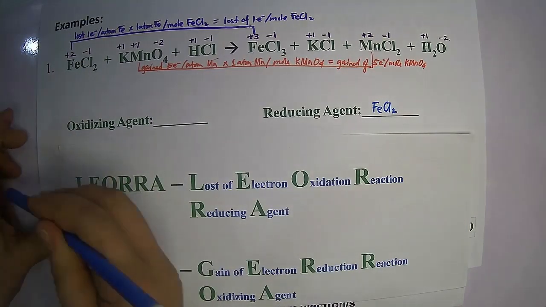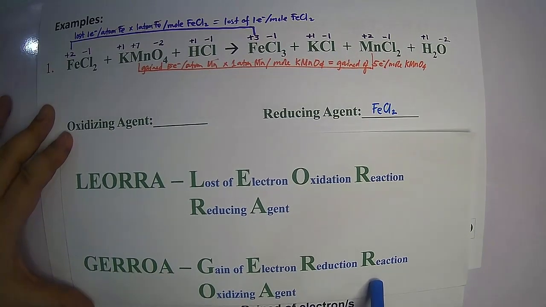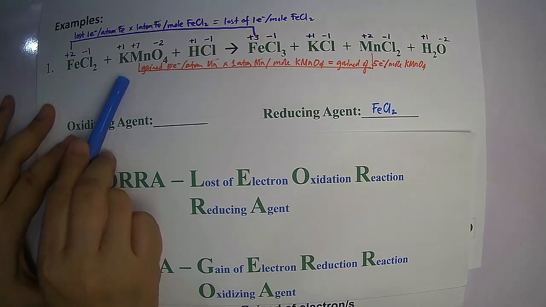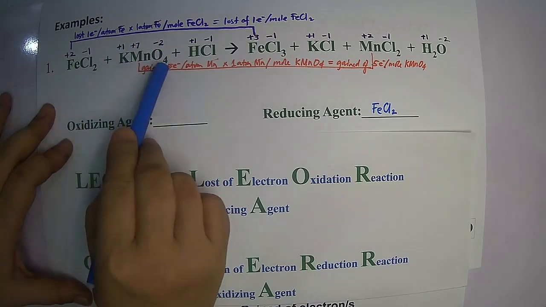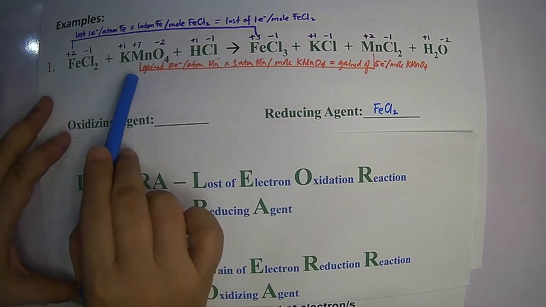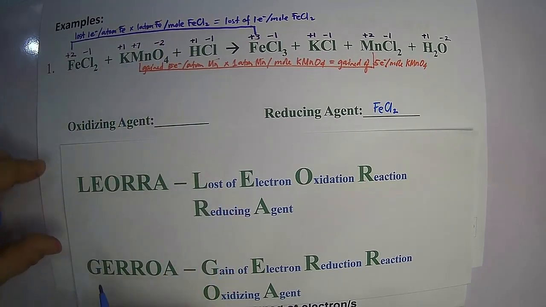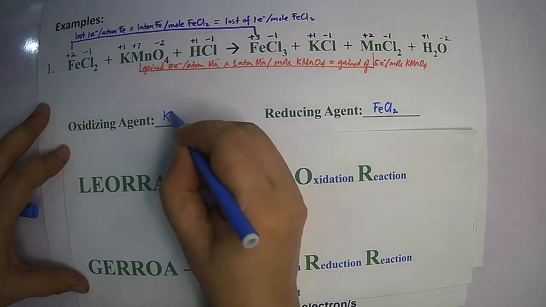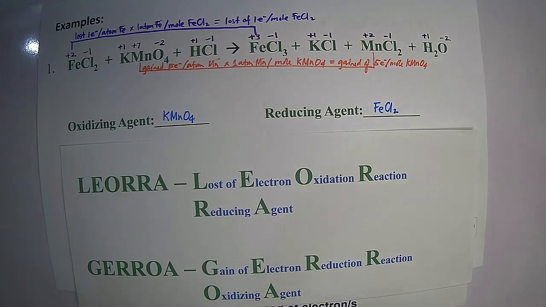On the other hand, when you gain electrons, you undergo reduction reaction, and the element that gains electrons is manganese, so it undergoes reduction reaction. Therefore the compound where manganese is combined as part of the composition of that compound, that is potassium permanganate.